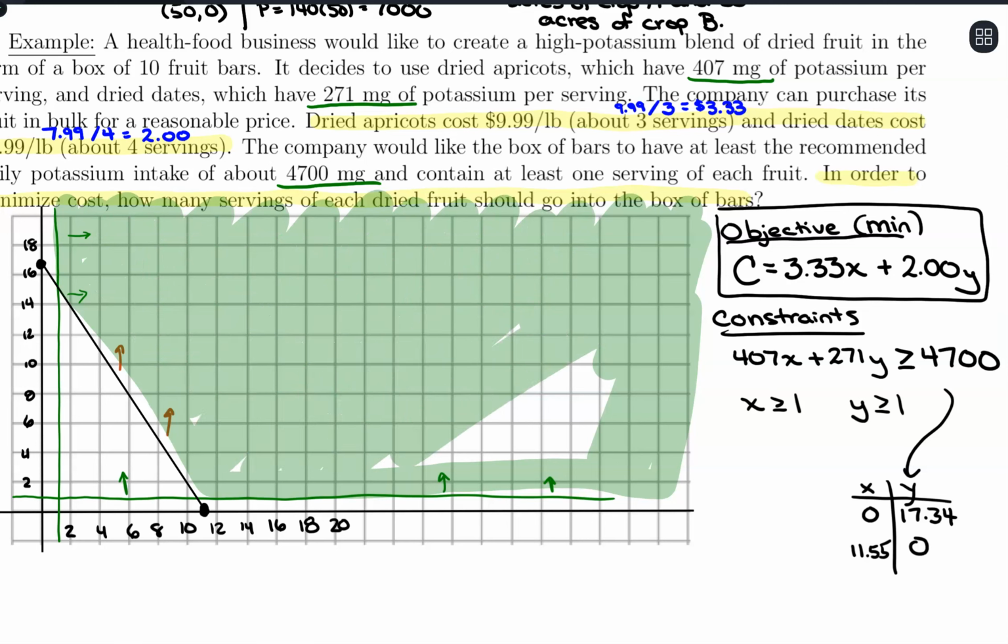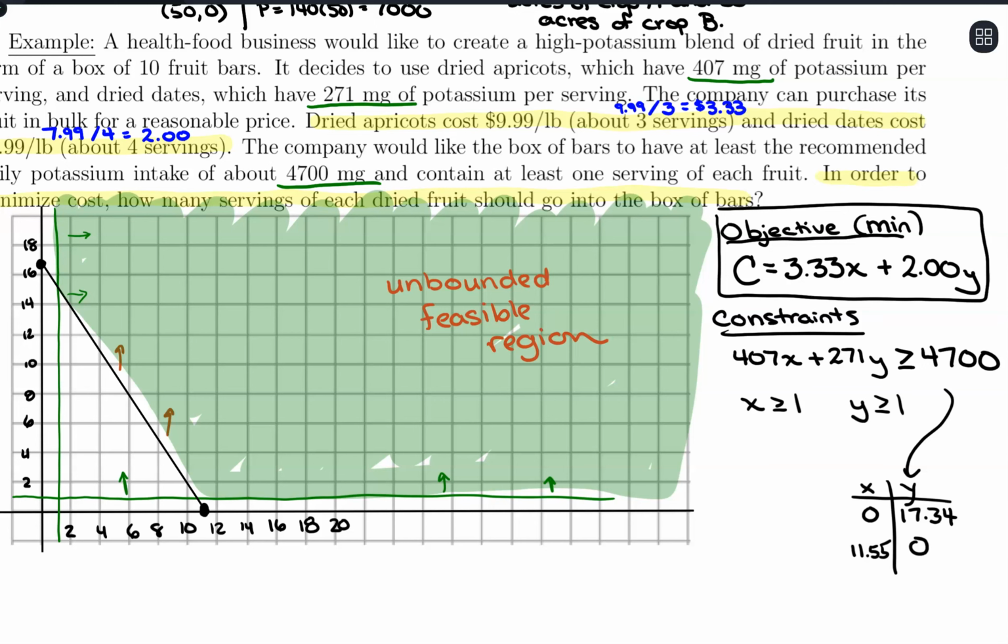So what's happening here is this is called an unbounded feasible region. But our process doesn't really change.